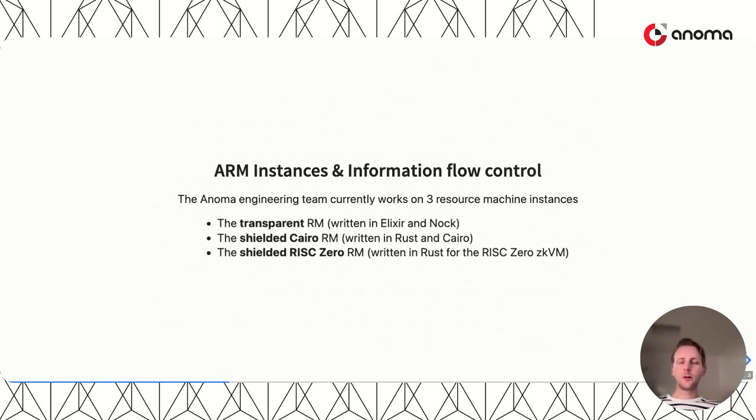Currently, we are not working on a private resource machine simply because the zero knowledge technology is not there yet. Fully homomorphic encryption is still not feasible in practice. But as soon as this is feasible, we will also add a private resource machine.